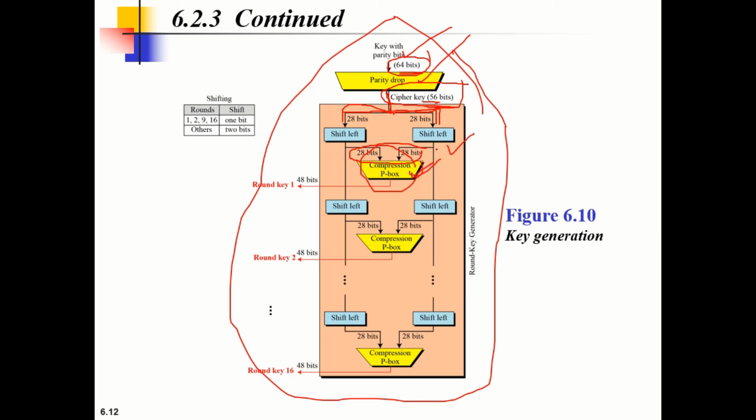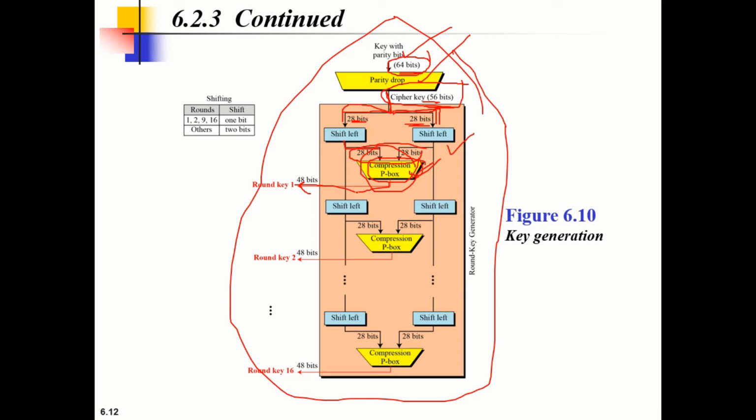Okay, so for the first round, after shifting left these bits, which are acting as input, we will use this compression P box, and the output of this compression P box will be the first key, which will be used for round 1.